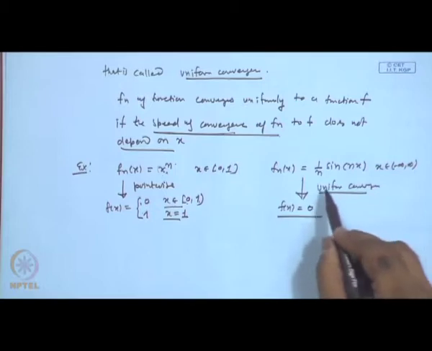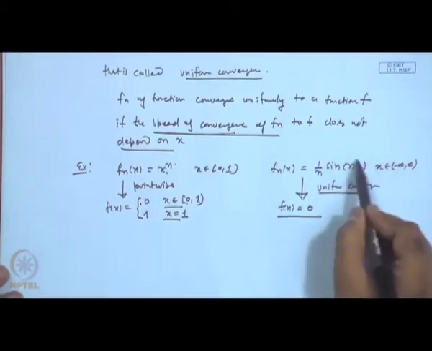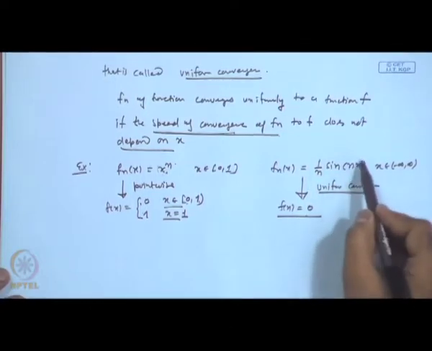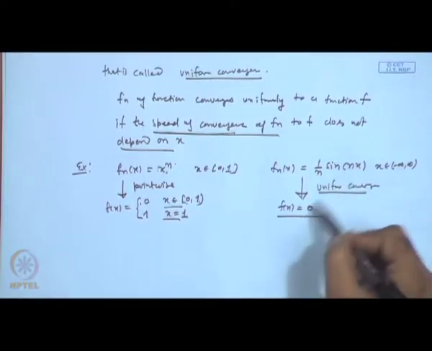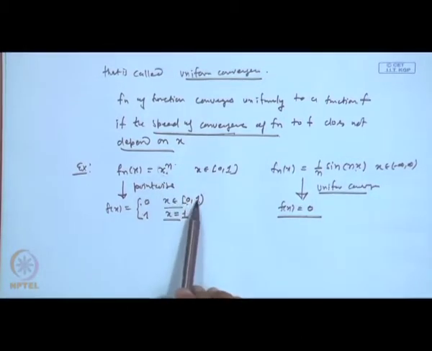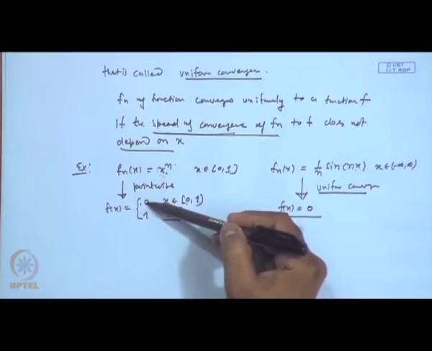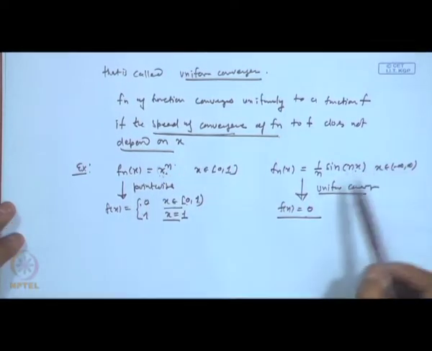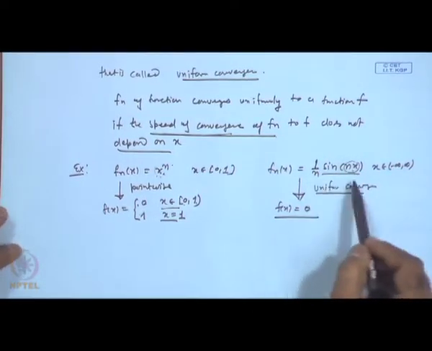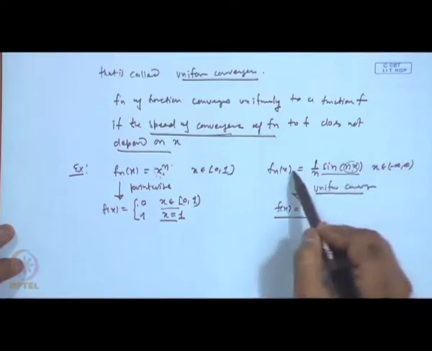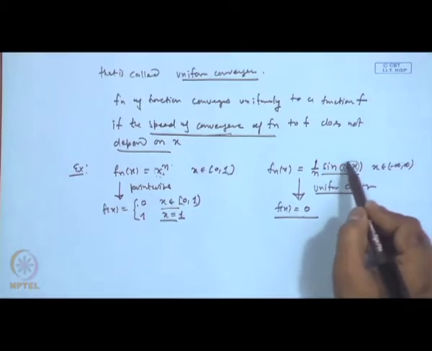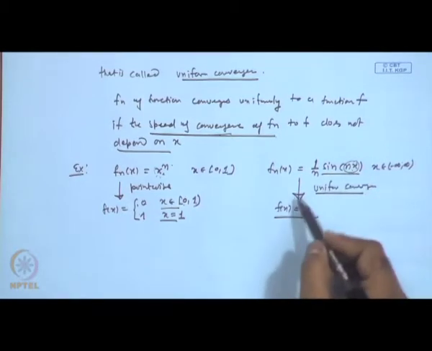Whatever x we take, 1/n goes to 0, and it does not depend on x. Here it was different: if x is close to 1, we have a very slow convergence to 0.